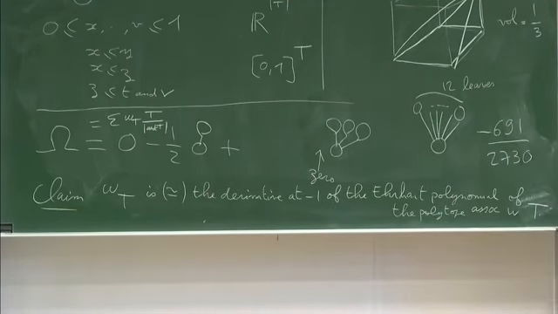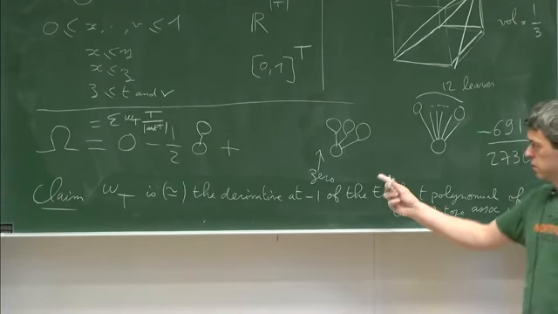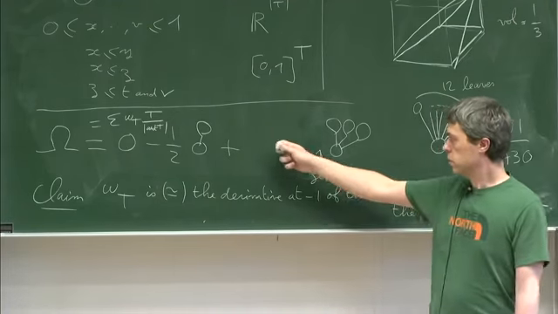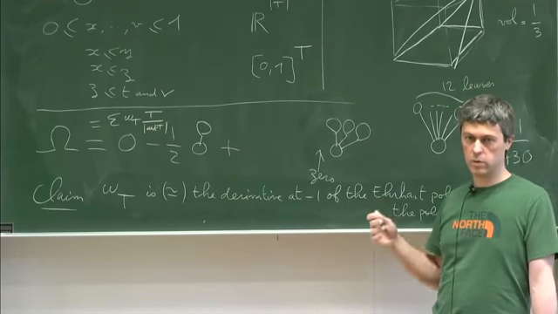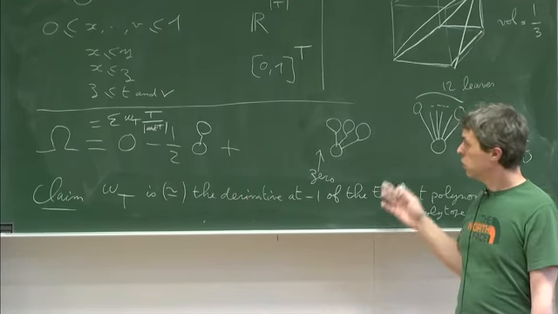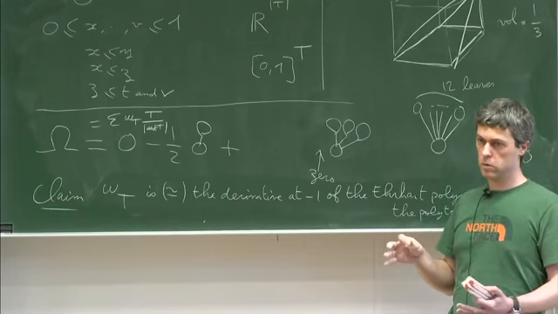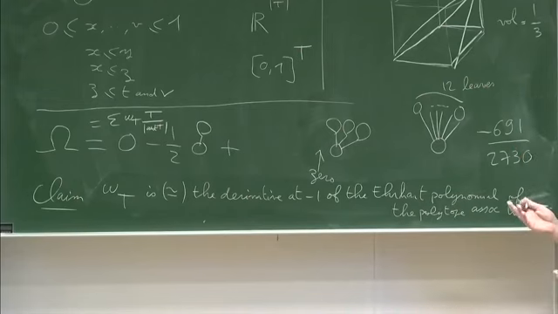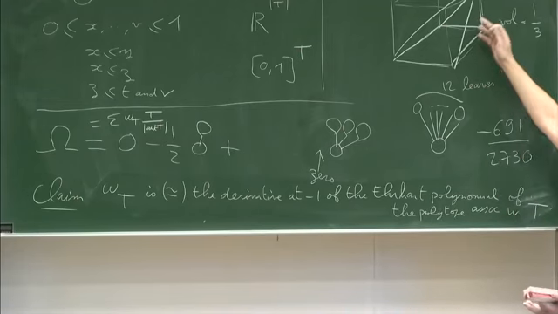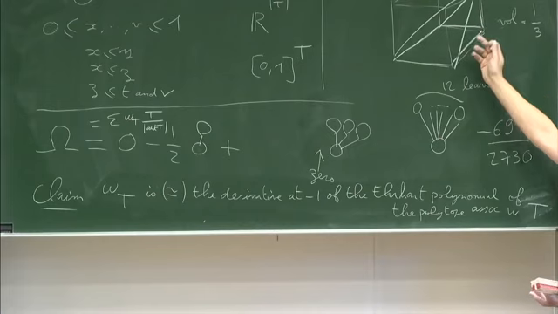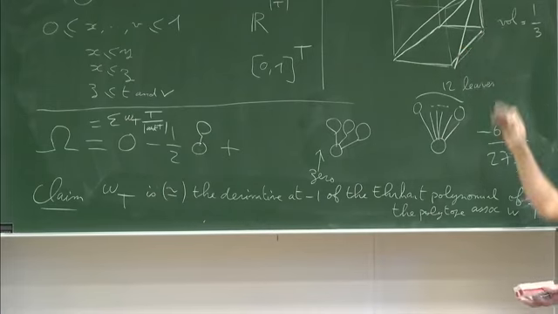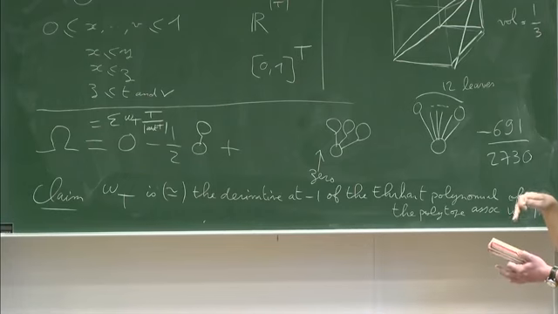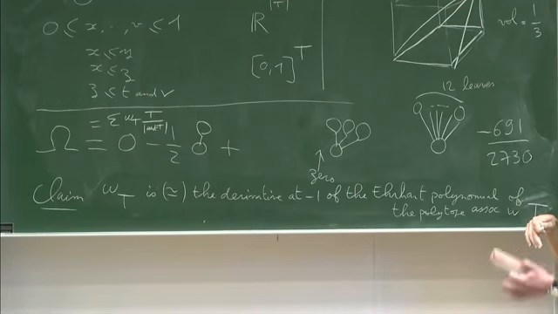So there's a recipe to compute. If you want to compute one of those coefficients, then you have to look at the polytope and compute its Ehrhart polynomial. It's something which counts lattice points, so points with coordinates which are integers or rational with a prescribed denominator.